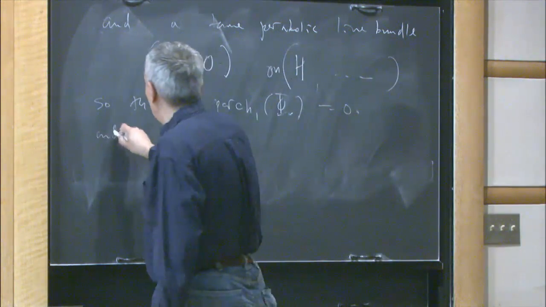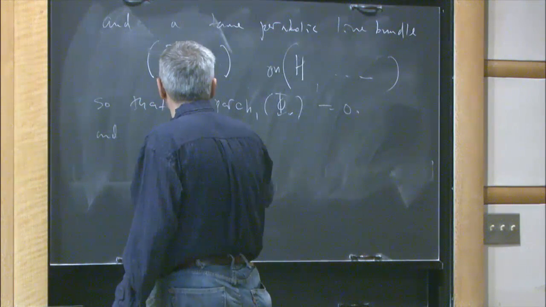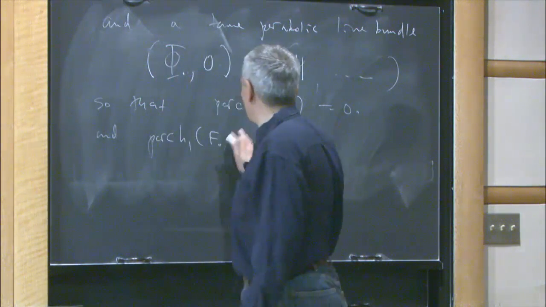And this has first and second parabolic Chern class 0.